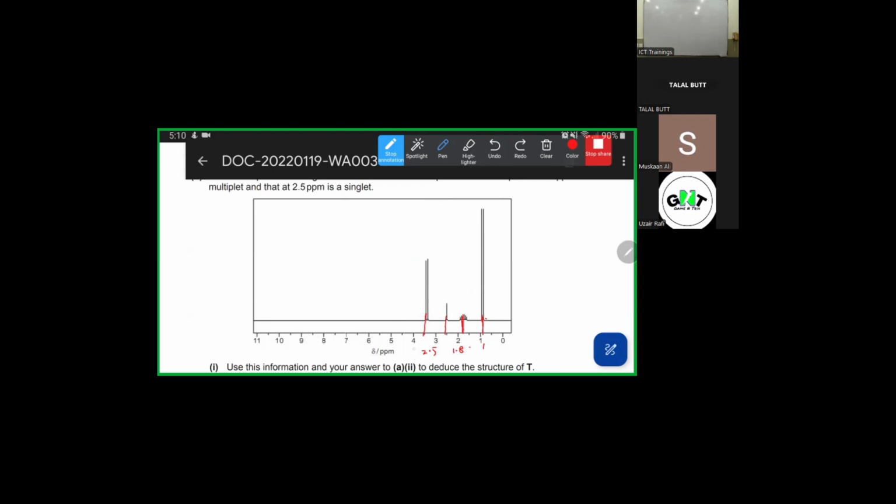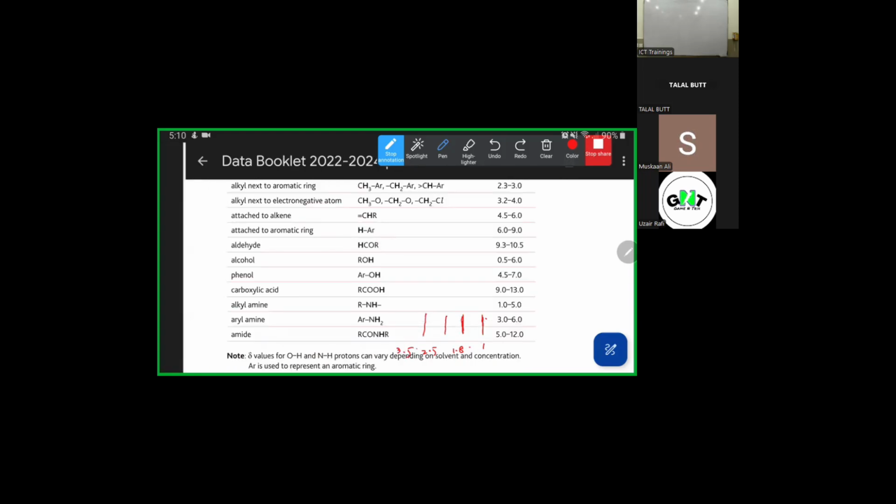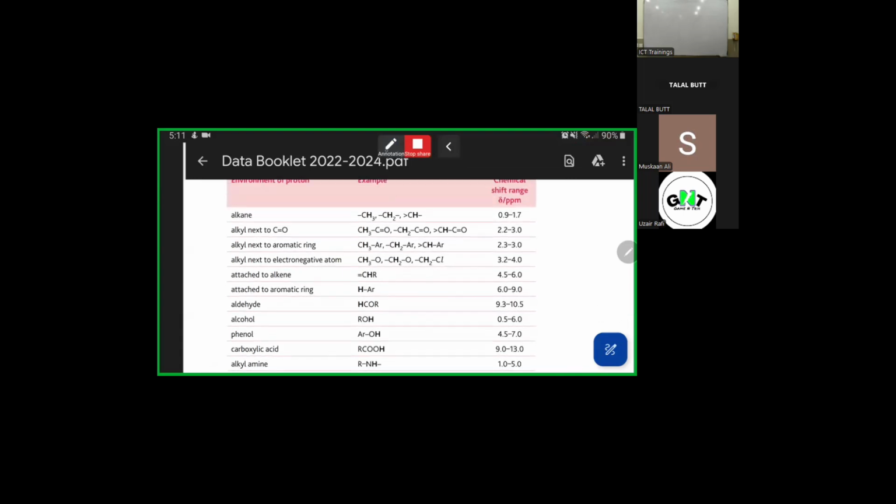Write this 3.5 over here. Now check it from this one. So we got the one value. One shows this CH3, and then 1.8 is present up here.